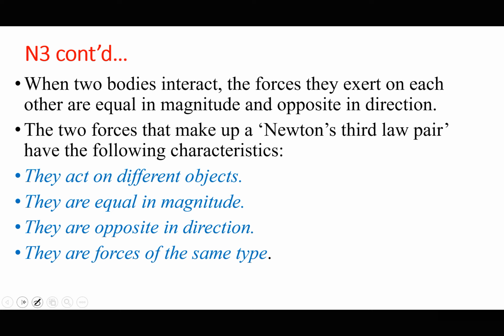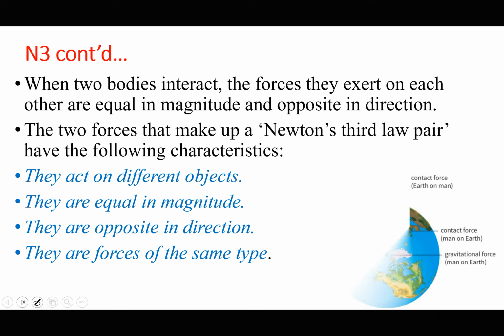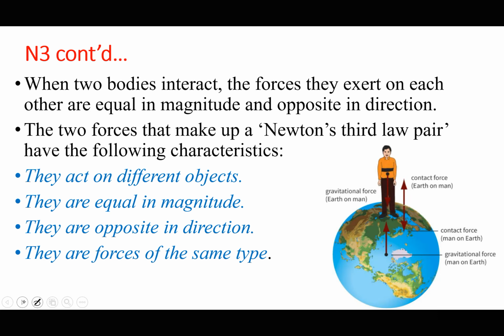For example, let's consider yourself standing on the Earth's surface. The Earth exerts a force on you, which is your weight, the gravitational force on you. This force acts at your center of gravity towards the center of the Earth. So that is the pull of the Earth on you.